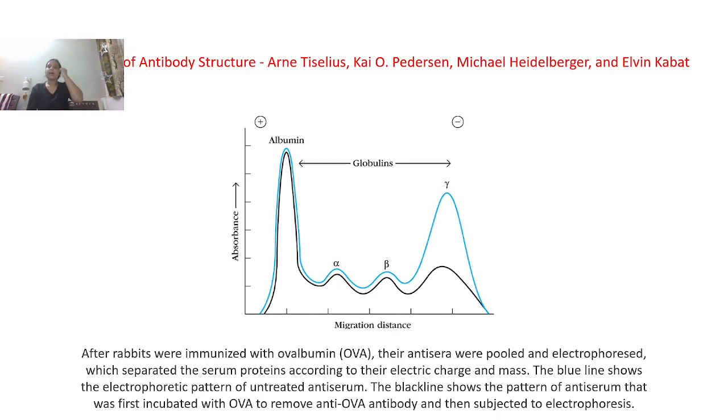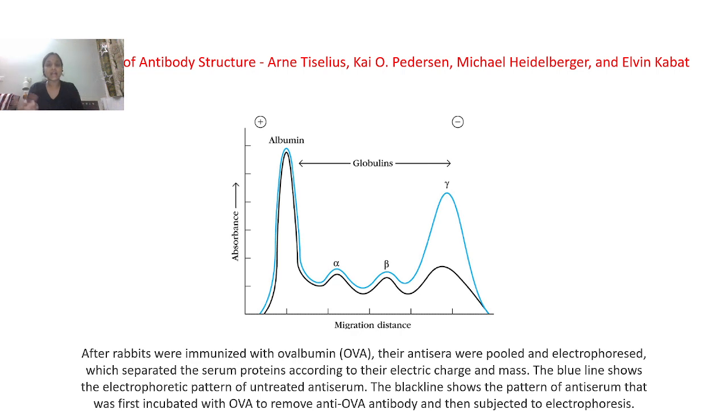Okay, so what happened was, people knew that there is something present in the serum which is acting towards the antigens, which is protecting. For example, what they did in this experiment was they took rabbits and they immunized the rabbits with the ovalbumin.